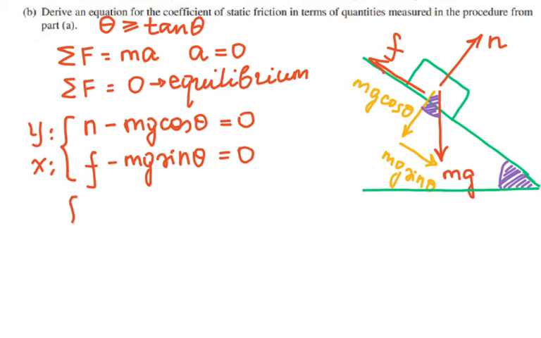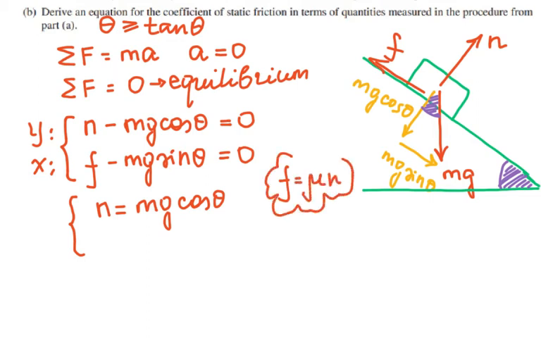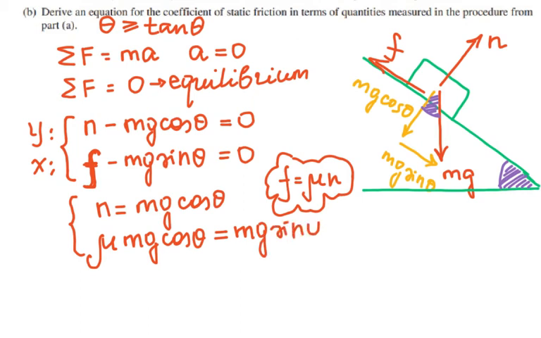So from here, I have that the normal force is equal to mg cosine theta. And I know that the formula for the friction is mu times n. So now that I know what n is equal to, instead of friction force I can plug in mu, and n is mg cosine theta, and then move mg sine theta to the other side, and I have mu mg cosine theta equals mg sine theta.